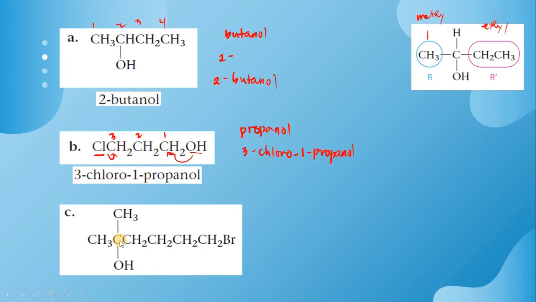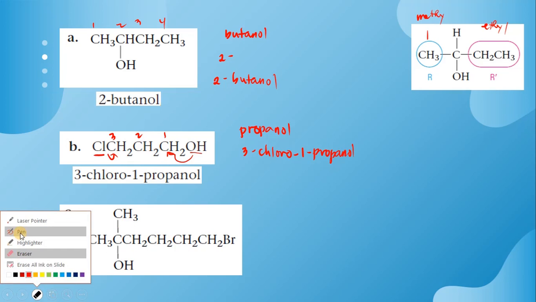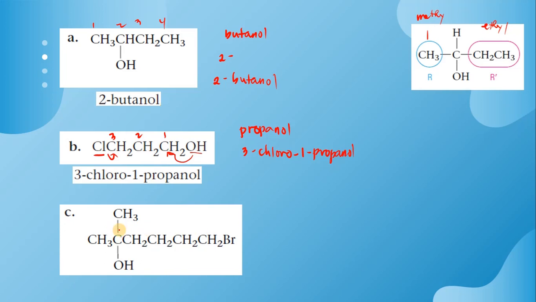Next, letter C. This time, where is the longest chain? Okay, we can either go from here to here or here. So let's just have this line, the straight line, because it's the same. So let's start at this side because OH is found here.